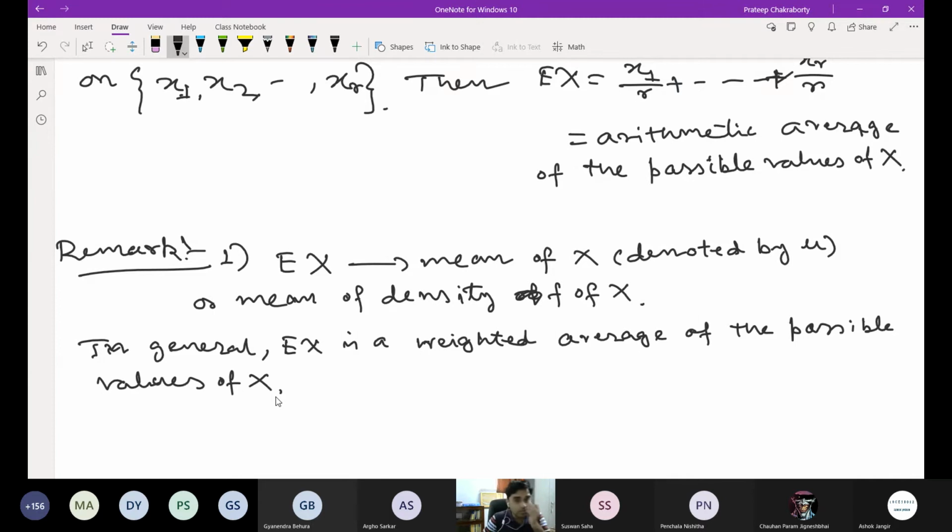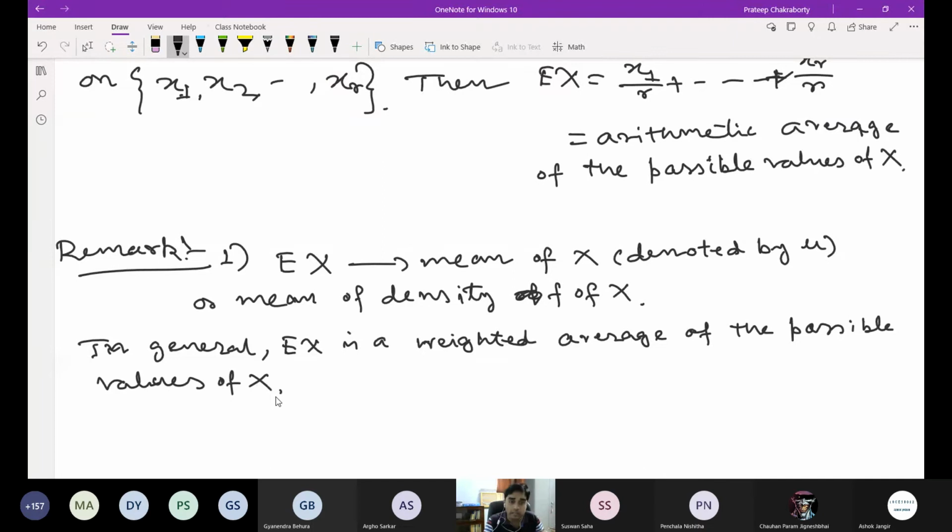Before, we had a random variable with a distribution function, a density function defined for all possible real numbers. But by Ex, we are trying to summarize the whole probability distribution by just one number, which is the expected value of that random variable, the expectation or the mean.